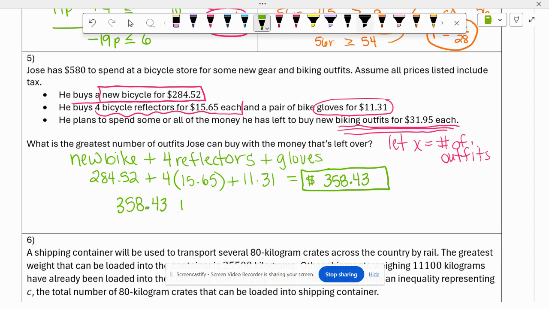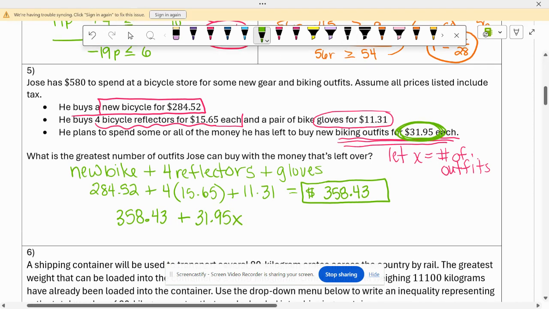So we've already spent $358.43. Plus, we want to buy some outfits. How much do our outfits cost? $31.95. And that's going to be per outfit. Whenever we say the word per, we have to attach something, right? That's our slope. And how much total money do we have to spend?